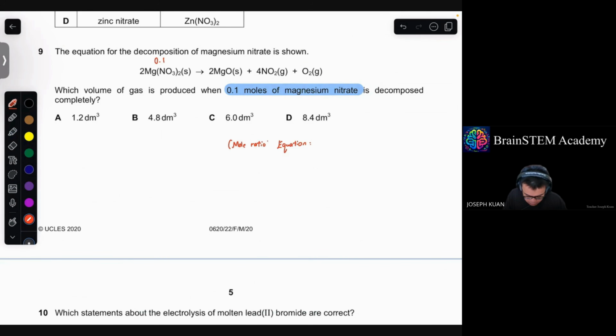Based on the coefficients, it's 2 to 2 to 4 to 1. That's the theoretical mole ratio based on the equation. Experimentally, you are using 0.1 moles of magnesium nitrate.